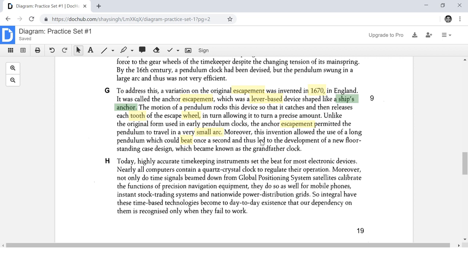There we go. The long pendulum that could beat once a second. And then it mentioned some other stuff and thus led to the development of a new floor standing case design which became known as the grandfather clock. Alright, we don't care about that. We've already found our answer over here. That is our matching sentence for question number 12.